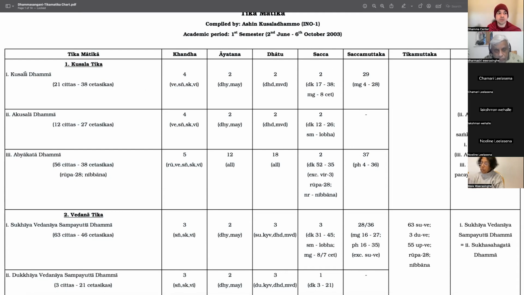First of all, kusala dhamma. Kusala dhamma is 21 chittas and 38 chetasikas. Hence, we know that a kusala karma can only be committed through these 21 types of chittas and 38 types of chetasikas. When we think our intention is pure but our action is impure, is that a kusala dhamma or an akusala dhamma?